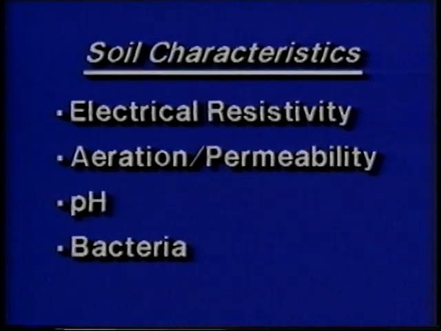Again, the higher the aeration, the higher the oxygen concentration, and the more permeable, the more moisture can move through the environment, the more likely corrosion is to occur. The acidity or alkalinity of the environment, the pH, is an important contribution. And the final one we'll discuss is the presence of bacteria. We find that some bacteria can, in fact, greatly enhance the corrosion of metals buried in soils. Let's look at some of those characteristics in a little bit more detail.